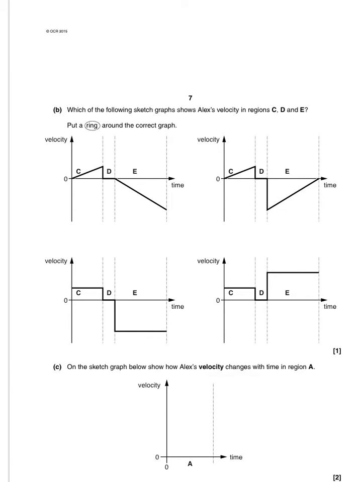So they all show this stationary point, and then we've got various differences between them. So these ones have a constant velocity. These ones have acceleration because the velocity is increasing. So then we can probably narrow it down to two of them.